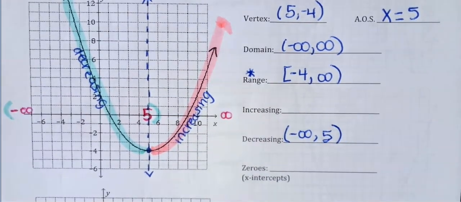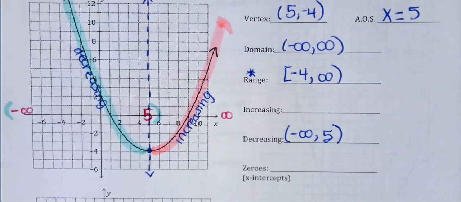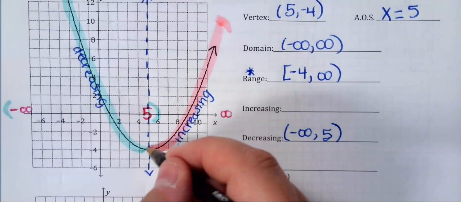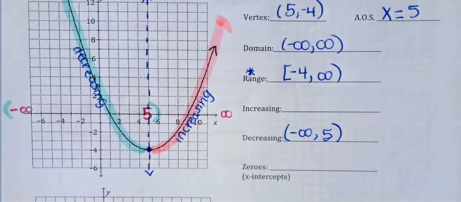Both would have parentheses. Does anybody know why I have a parenthesis and not a bracket at the 5? It doesn't stop it. Yeah, you're not increasing or decreasing. Like if I'm tracing here, this is basically flat. We're not increasing or decreasing. It's the very bottom of the graph, so I'm not doing anything. I'm not going up, I'm not going down, so it's not a bracket, it's a parenthesis.